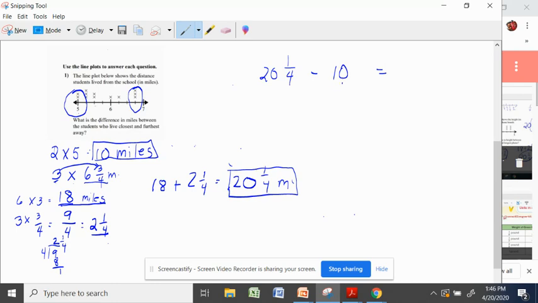So easy because this is a whole number. You don't have a fraction, so I can just subtract my wholes. 20 minus 10 is 10. And then since there's no fraction here, I can just copy my 1/4. So my final answer is 10 and 1/4 miles.